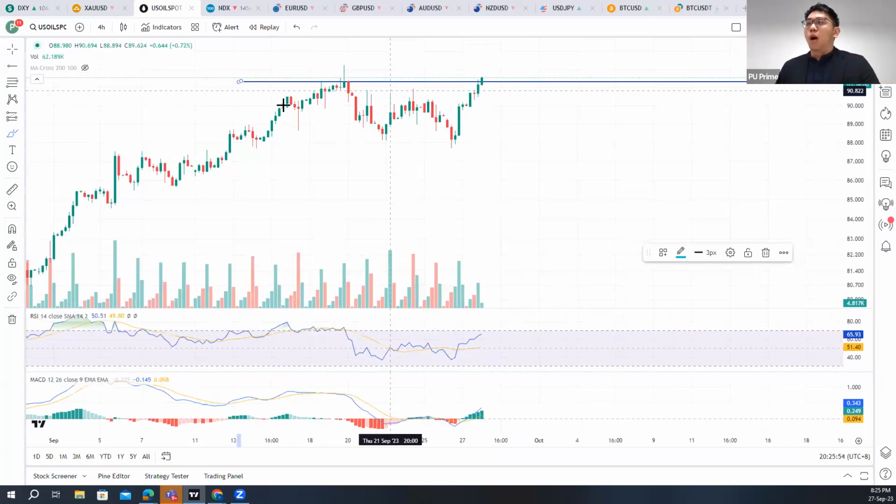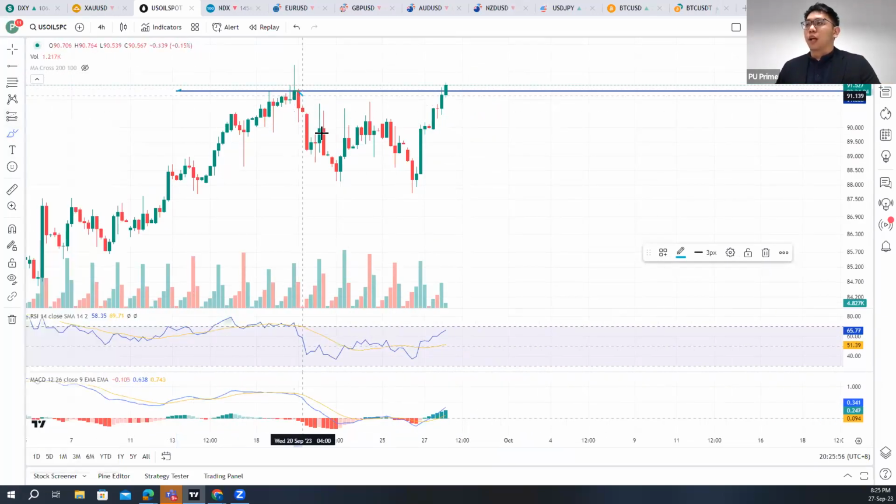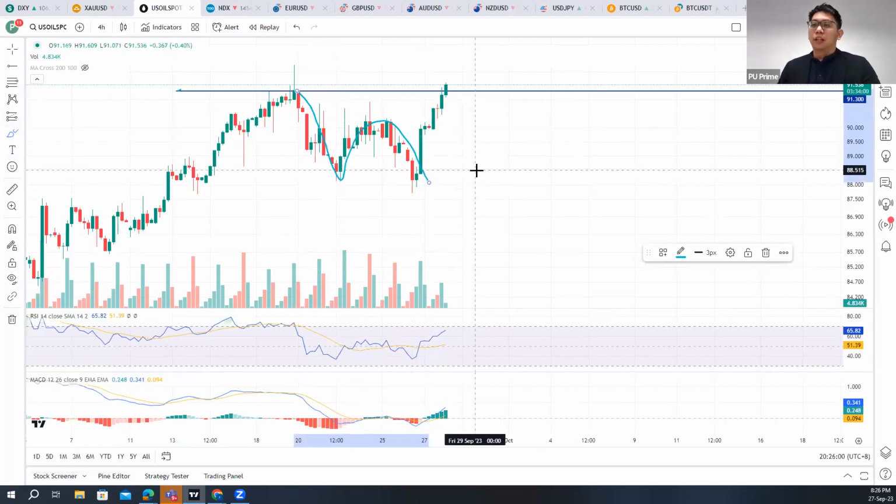Previously, why it dropped for the last 2 weeks was because people were uncertain about the central banks' monetary policy around the world, because we know last 2 weeks the ECB, BOE, BOJ, and the Federal Reserve were all going to announce their monetary policy.